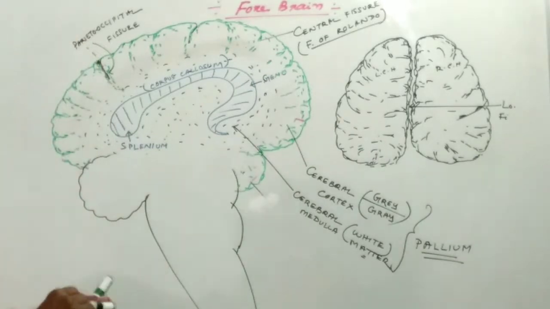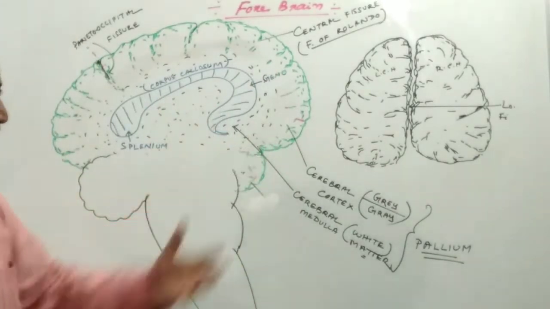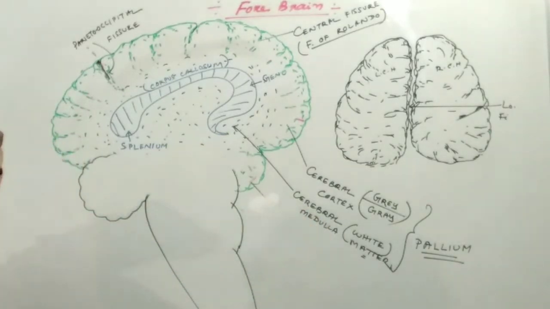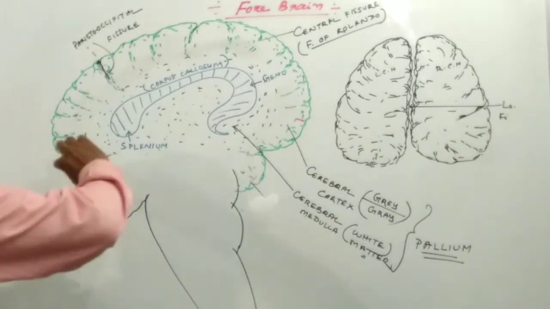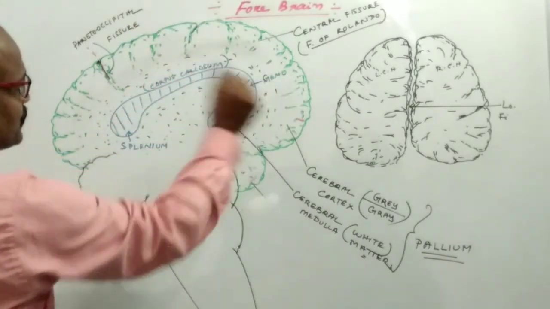So pallium, which is divided into two regions, the outer cortex and inner medulla. And there is the question, why only the cerebral cortex forms the number of folds?